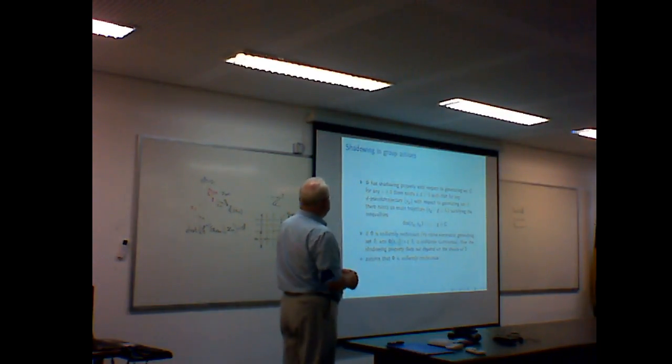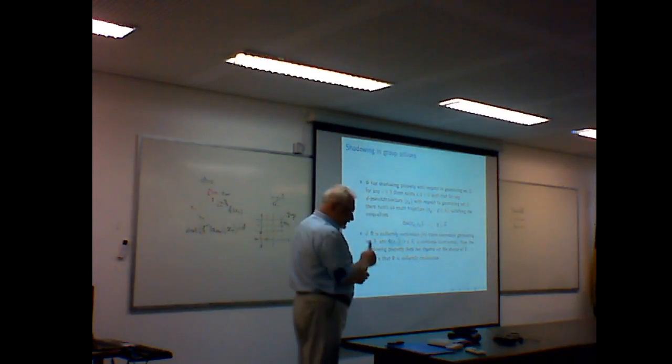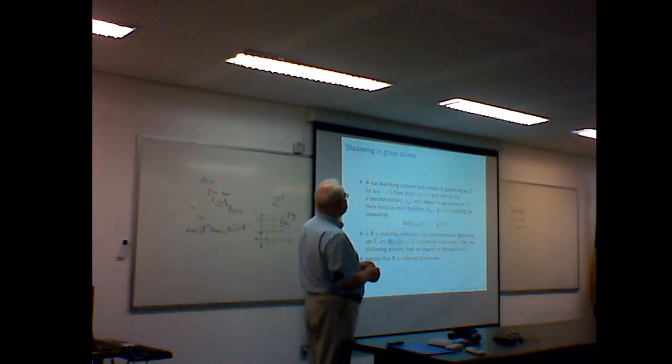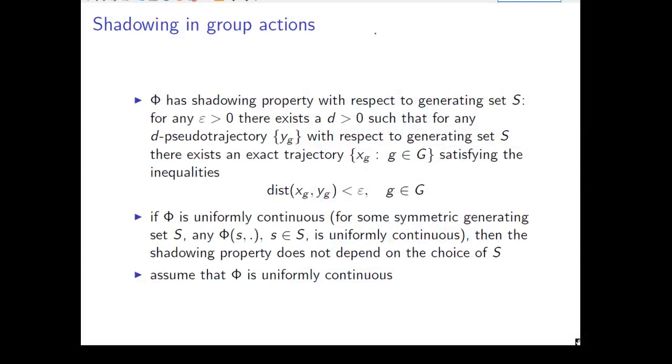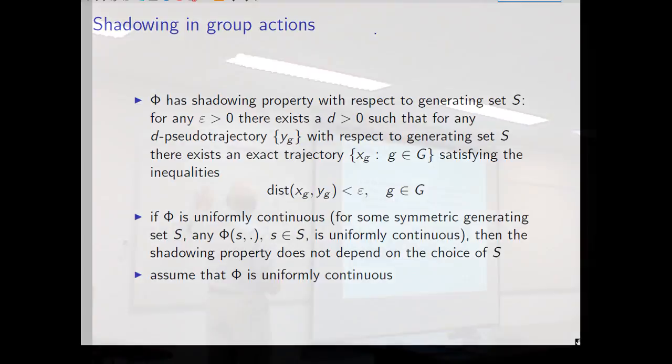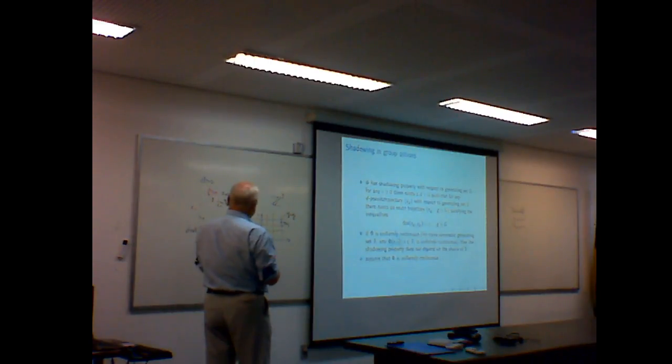How do we define the shadowing property with action? I say that phi has the shadowing property with respect to generating set S if for any positive epsilon there exists a positive d, such that for any d pseudo trajectory of that kind with respect to this generating set, there exists an exact trajectory satisfying these inequalities. So this is just an exact parallel with this.